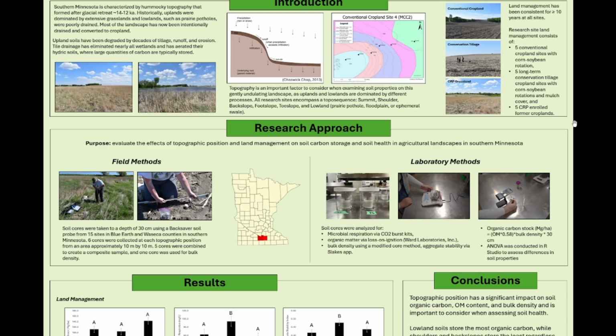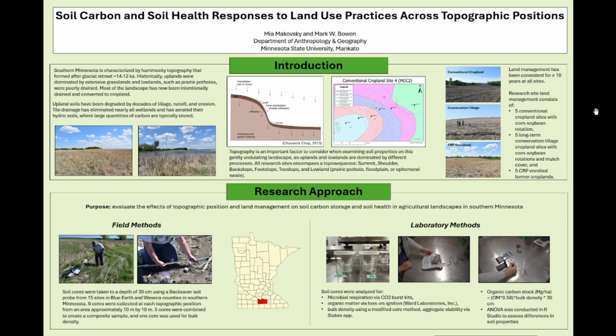Getting into the background of this study, southern Minnesota has very gently rolling hills or hummocky topography that formed after glacial retreat around 14 to 12,000 years ago. Historically, these uplands were dominated by extensive grasslands and lowlands such as prairie potholes that were very poorly drained and contained a lot of hydric soils.